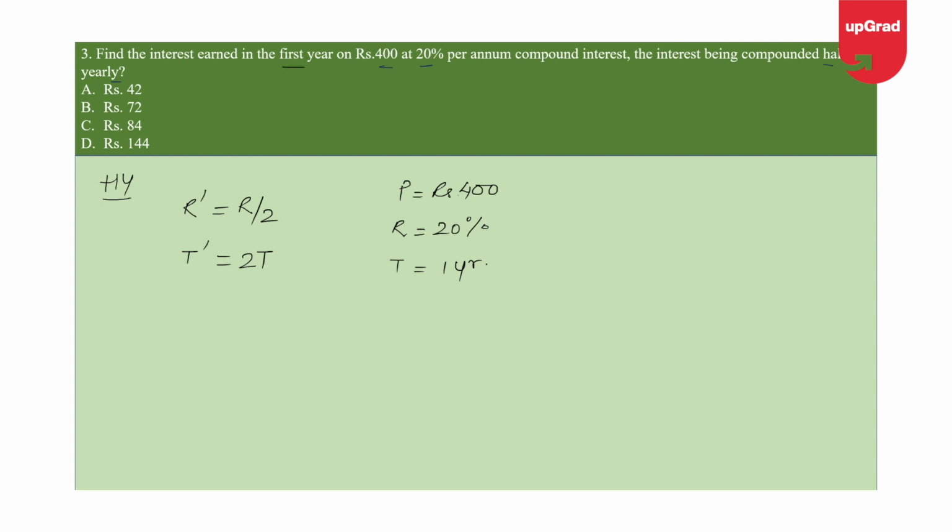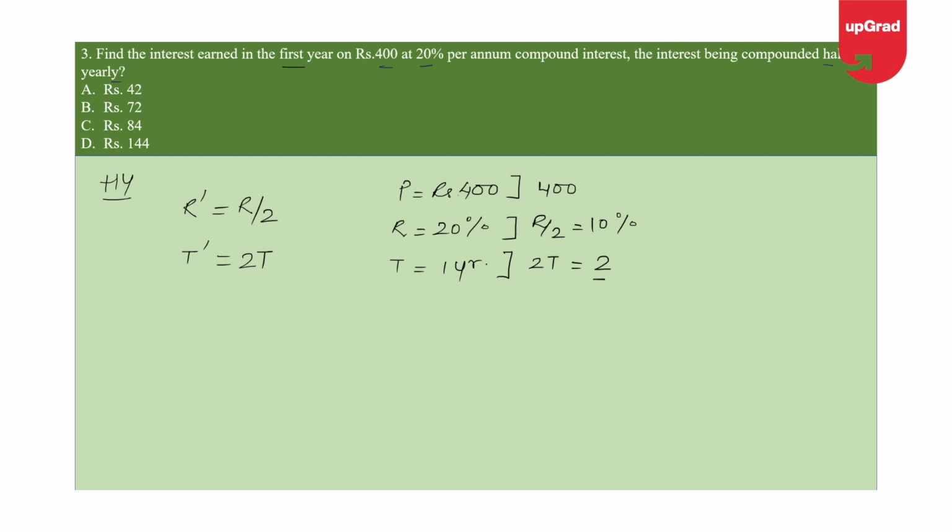So out of these three, principal will remain the same, that is 400. Rate of interest will become R by 2, and that means it will be 10%. And my time will become double, which will be 2. Again, I'm repeating, it's not 2 years, it is 2 spans of 6 months each.